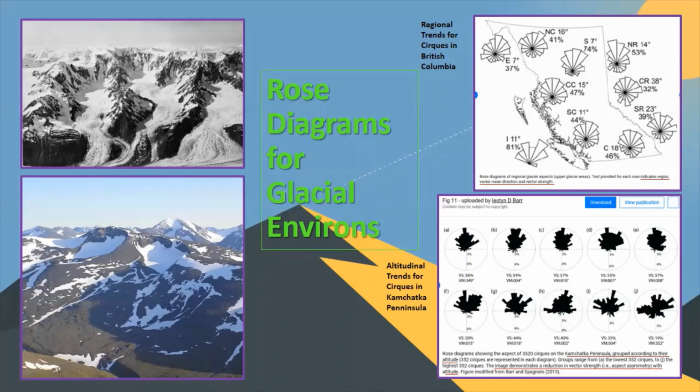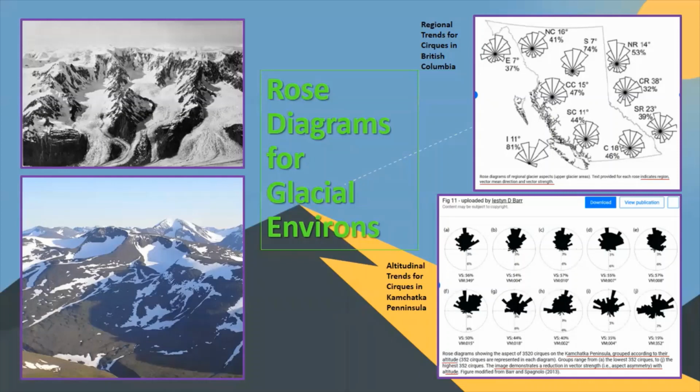And they're using this region with the vector mean direction and vector strength. So that sounds technical. Vector is something with direction and magnitude. So in this case, we're measuring the direction on the compass that the cirque is facing, that bowl faces the cirque direction. And then they're looking at, in this case, how many cirques face that direction.